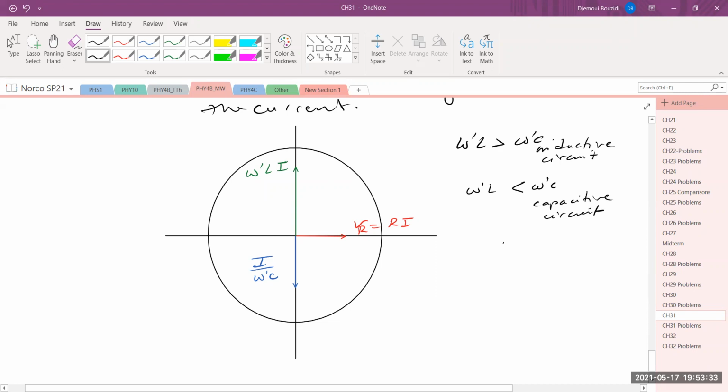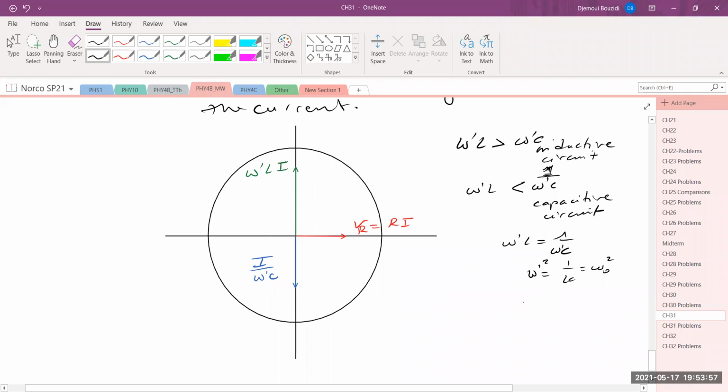There is a possibility, actually, when both of them are equal to one another. I'm sorry, omega prime L is equal to 1 over omega prime C. Okay, don't forget, it's 1 over, not the exact value. So in this case, I can find what omega prime is. Actually, omega prime squared is equal to 1 over LC, which is omega naught squared.